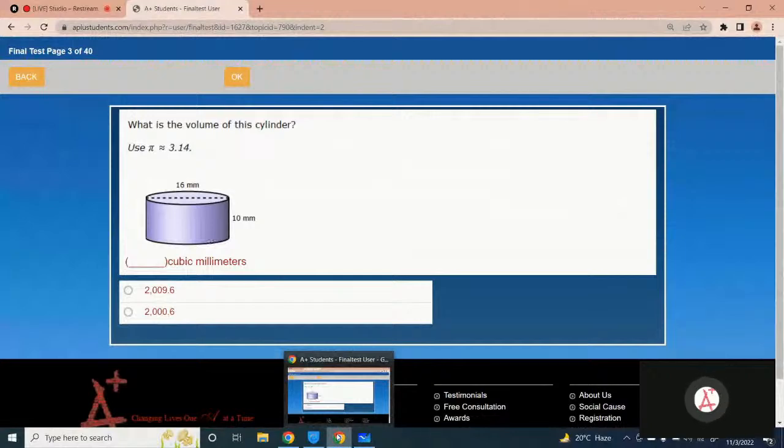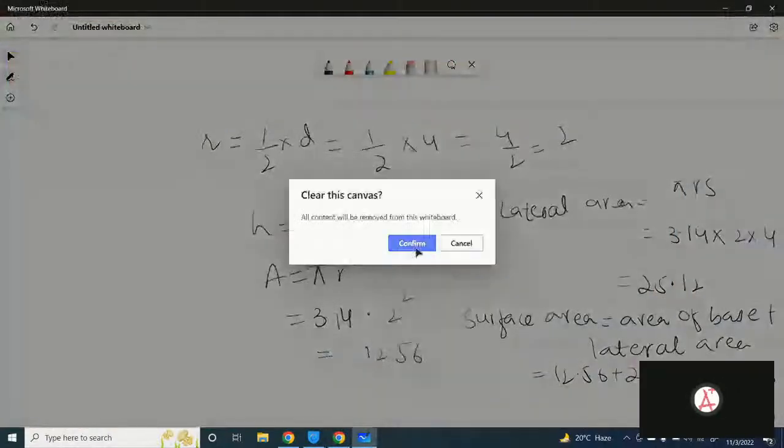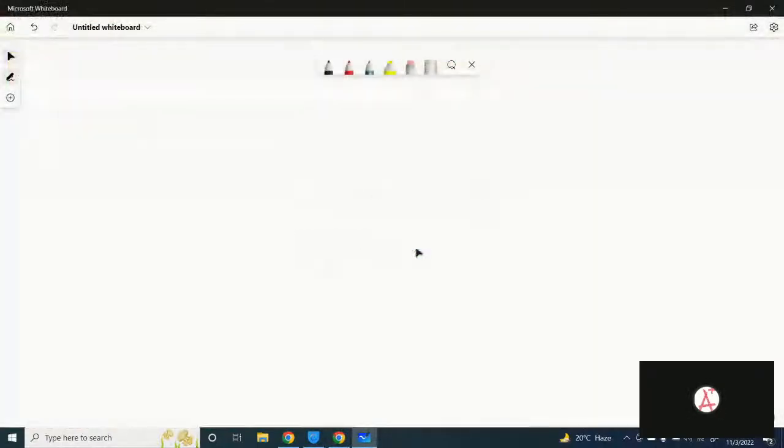So let's start finding the volume of the cylinder. Let me just clear the board first, and then we'll start with the volume of the cylinder.